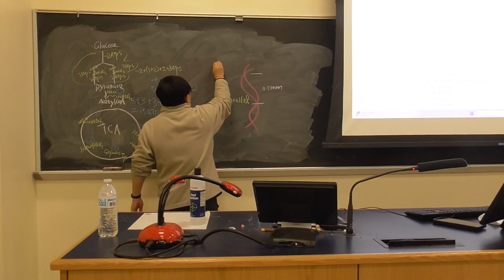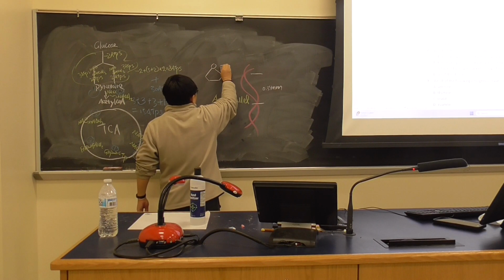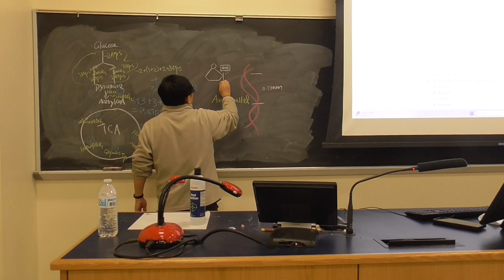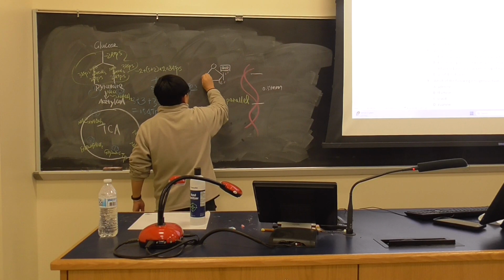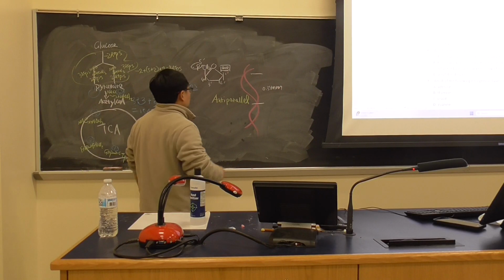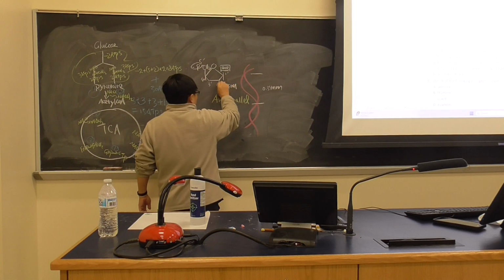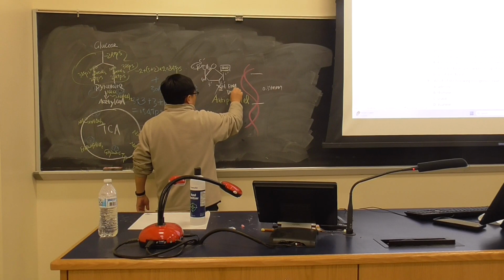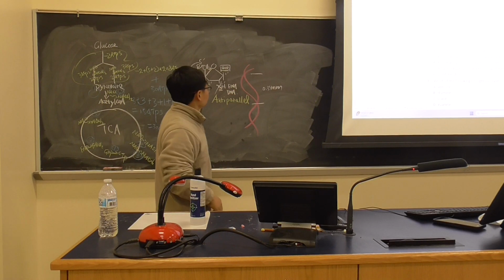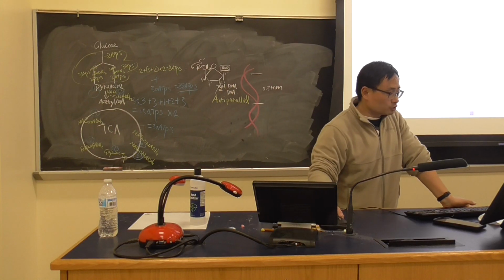This is the base, is that right? We add it here. It's 1', 2', 3', 4', 5', then you have a phosphate coming. What's the difference? If you have O, that's RNA. If you don't have O, it's DNA, because it's called deoxyribose. So the base is at 1'. So it's all of the choices.